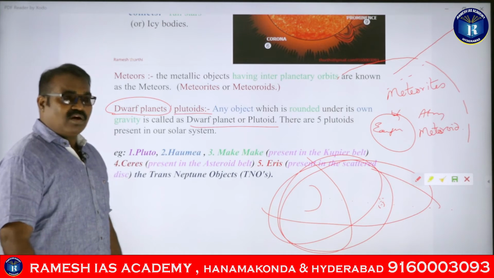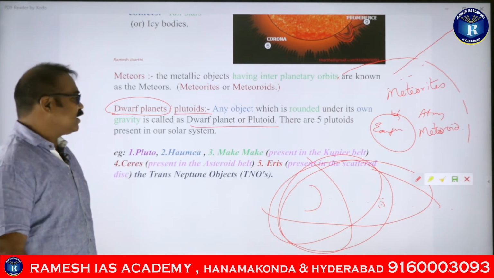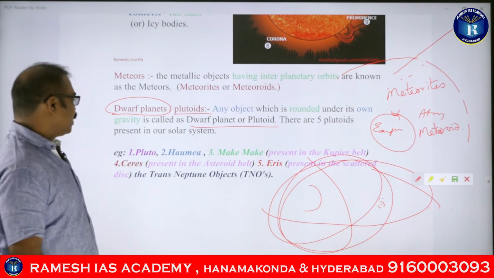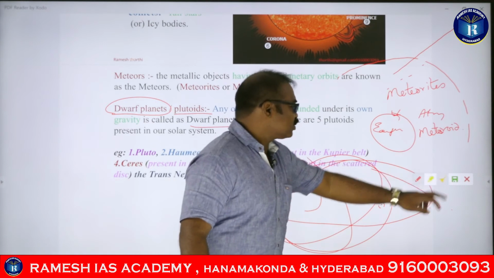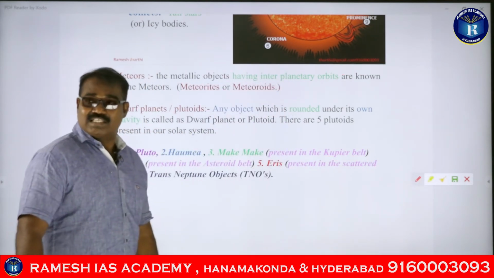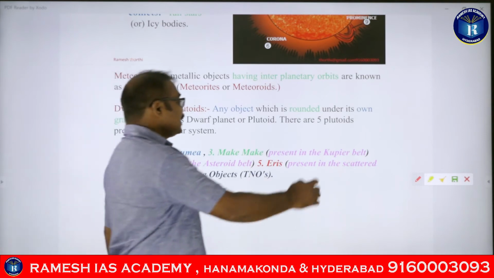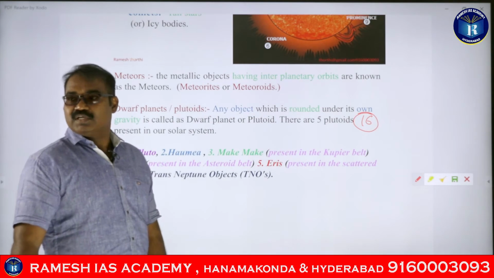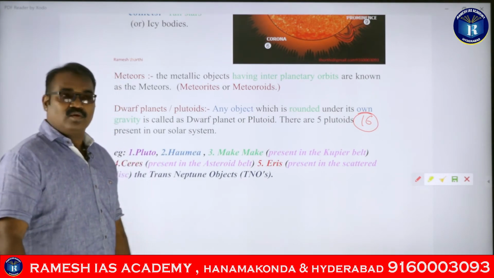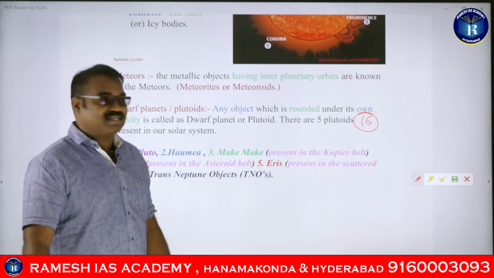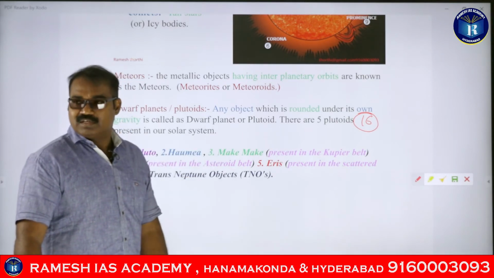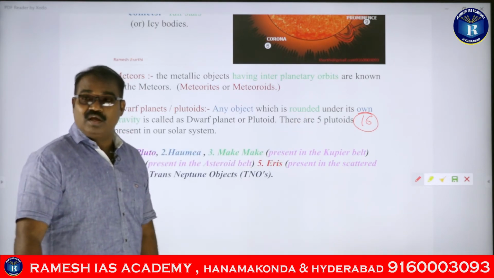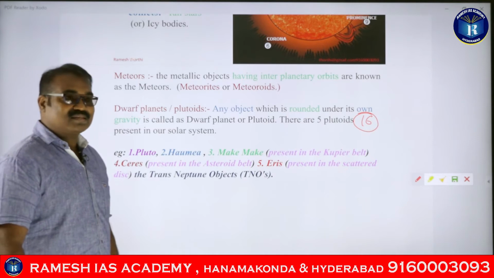Okay. In all our textbooks and materials, they say that there are 5 Plutoids present in our solar system. But recent discoveries are saying that there are 16 Plutoids in our solar system, guys.